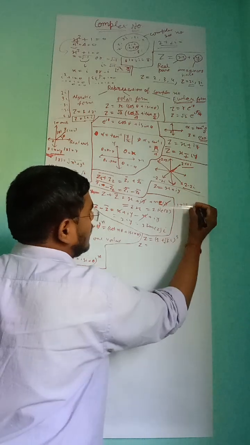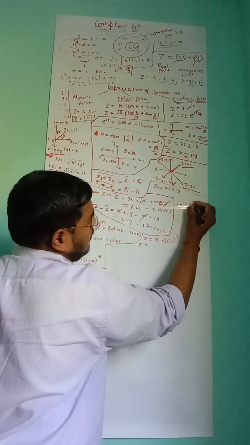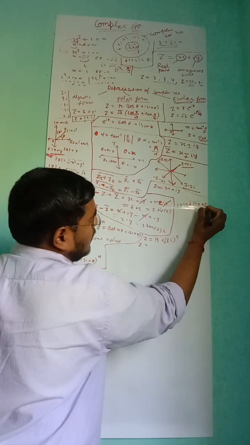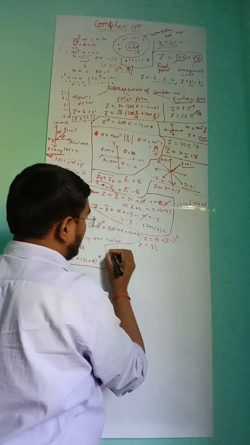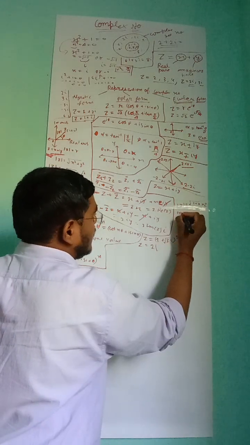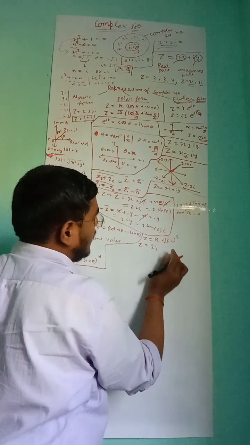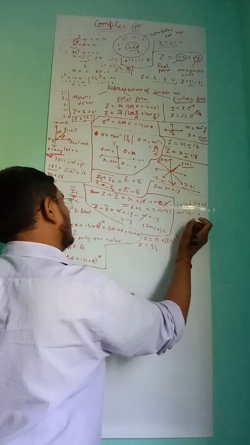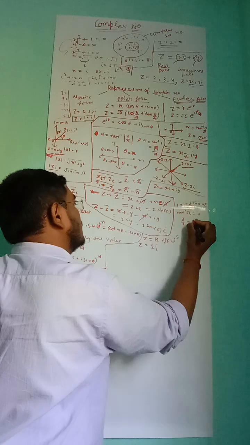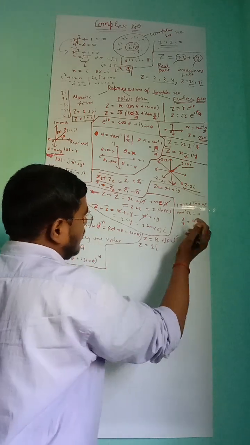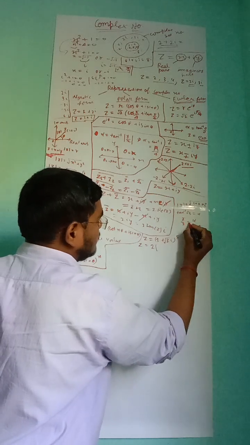This is root of 1 plus 3, which is 4, so this is 2. What is theta here? Theta is tan inverse root 3, this is alpha, and it lies in the first quadrant, so theta is pi by 3, that is 60 degrees.